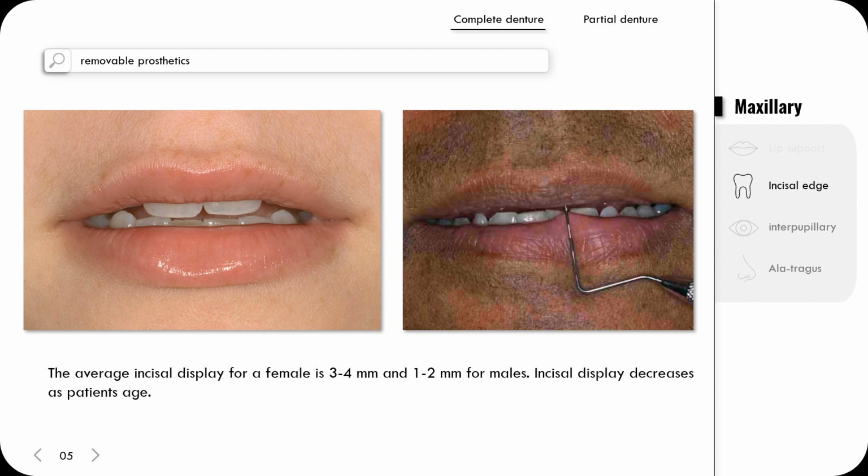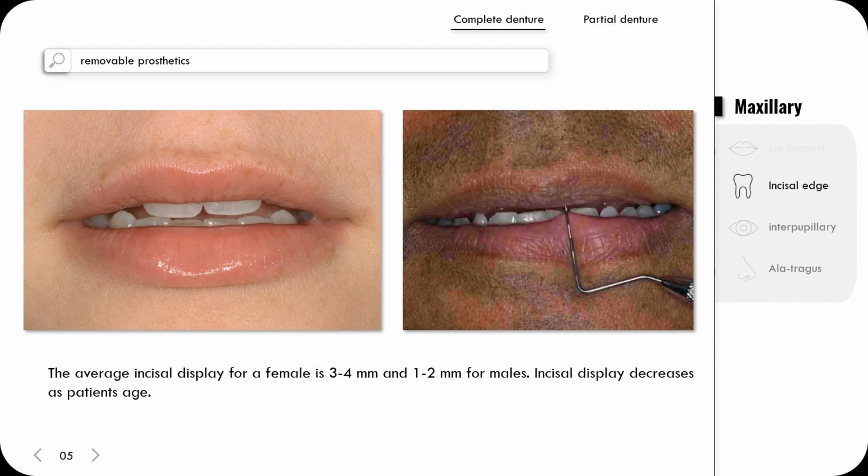But over time, we know just as people age, things tend to sag a bit, and that incisal display decreases over time. And then at times you'll have older patients that instead of having their upper front teeth show, they tend to just have their lower front teeth showing. So we can use that as a guideline to know where to put our upper front teeth.